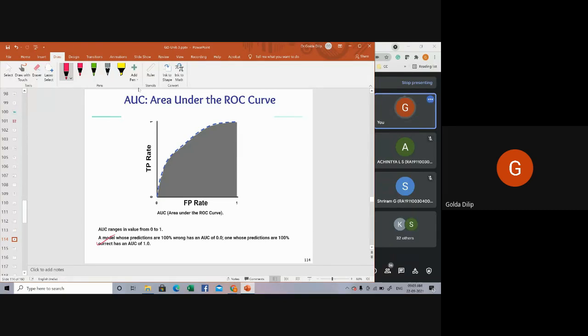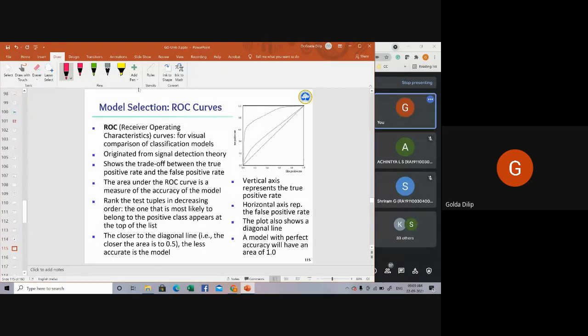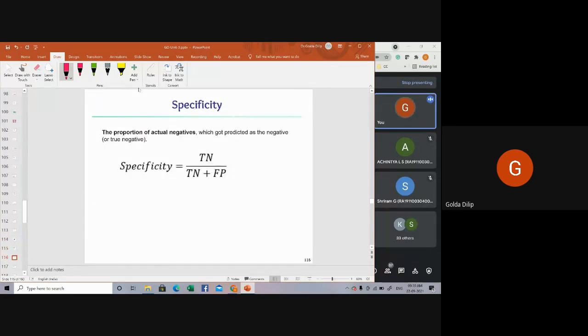I have not put that in the PPT, nor am I going to discuss it in detail. As of now, just keep in mind that AUC ranges from 0 to 1. That's what we discussed in yesterday's class.